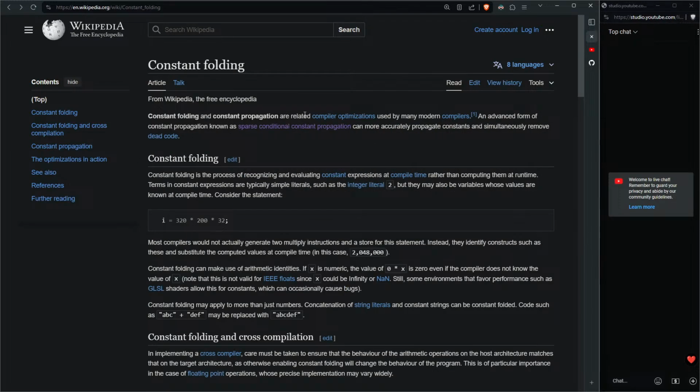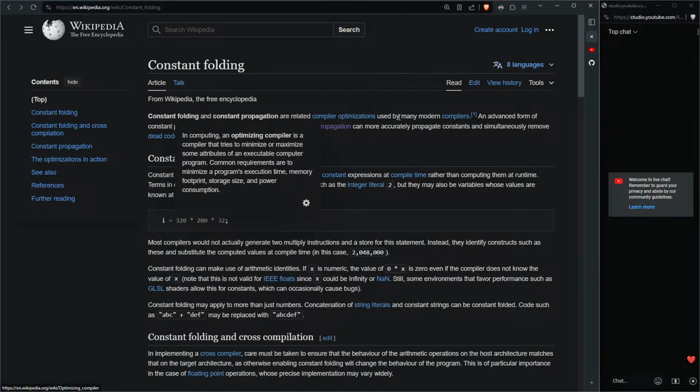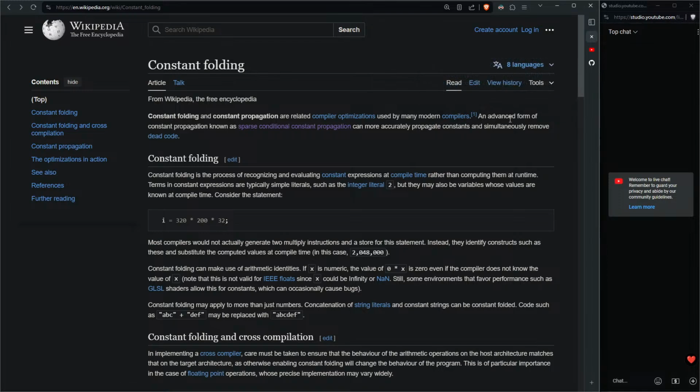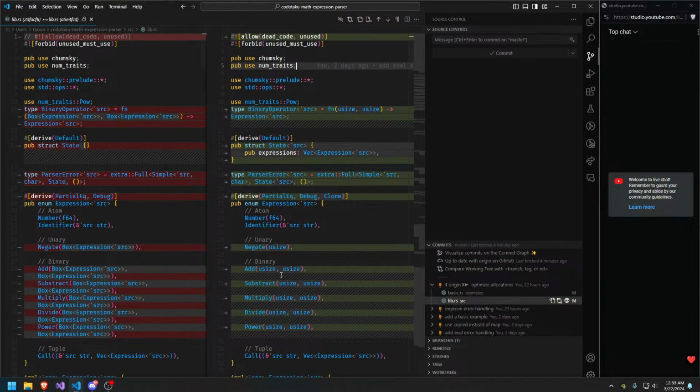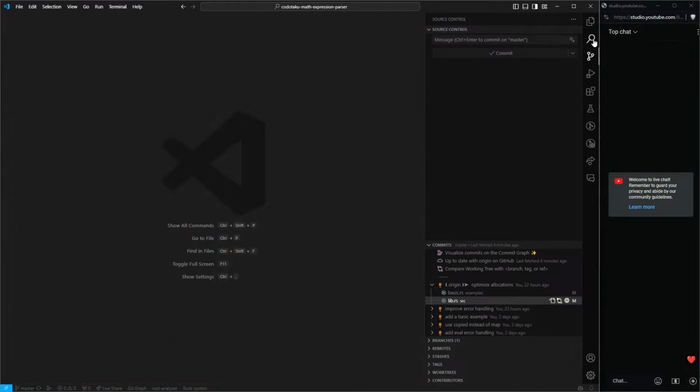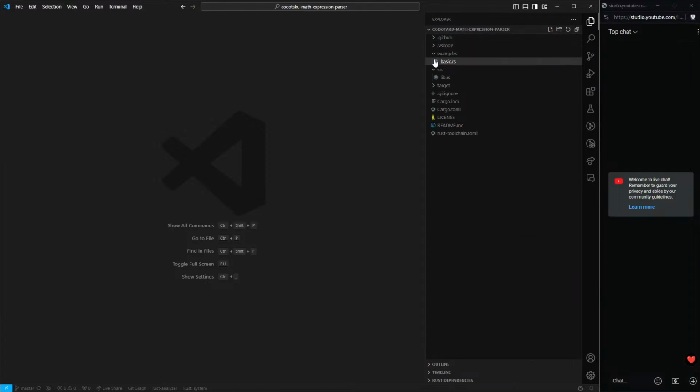Constant folding and constant propagation relate to compiler optimizations used by many modern compilers. An advanced form of constant propagation known as sparse conditional constant propagation can more accurately propagate constants and simultaneously remove dead code. Anyways, let's get started implementing this. That would be a lot of fun.